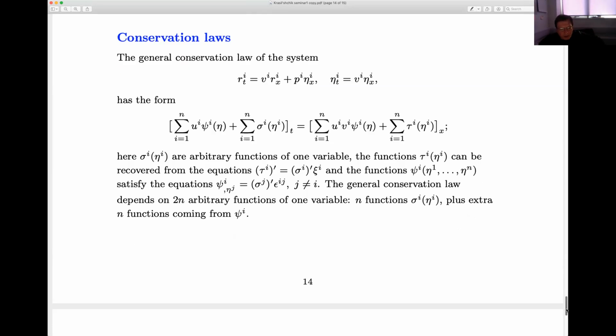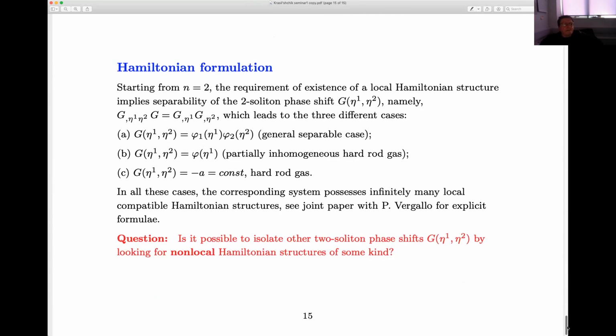So let me show you my last slide. Even starting from the four-component case, the existence of a local Hamiltonian structure for this reduced system implies that this two-phase shift, namely this function g of eta 1, eta 2, has to be separable.